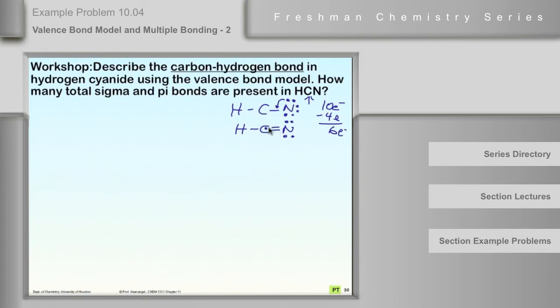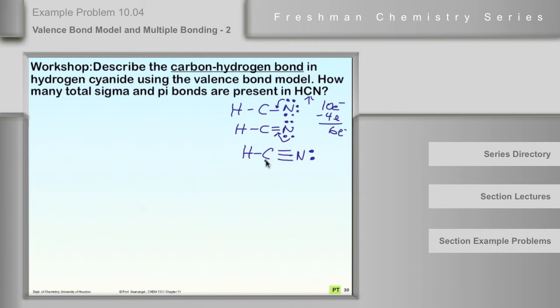But carbon still doesn't have an octet, so we'll take another pair of electrons, put that in, and that leaves us with a structure which now has an octet for both the carbon and the nitrogen. So that looks good.